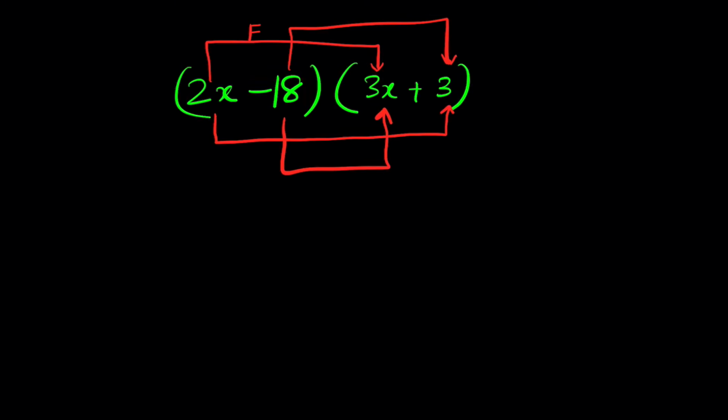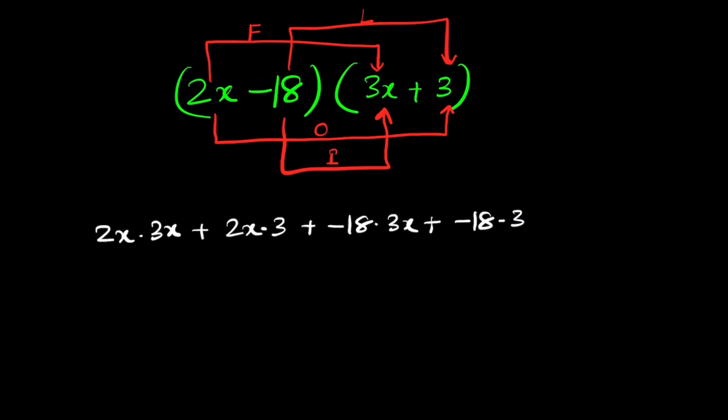This is the F, O, I, and L. When you multiply the first terms, you get 2x into 3x, plus the outer terms, 2x into 3, plus the inner terms, minus 18 into 3x, plus the last terms, minus 18 into 3. So 2x into 3x becomes 6x square, plus 6x, minus 54x. 18 times 3 is 54, so minus 54.